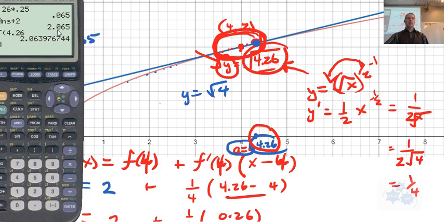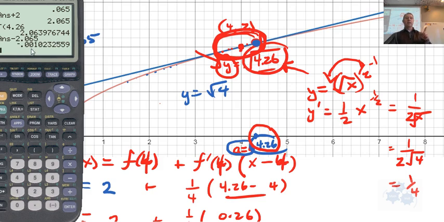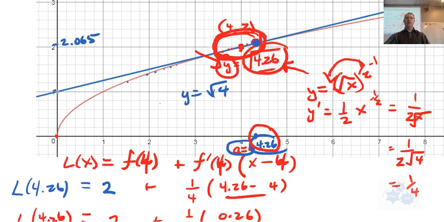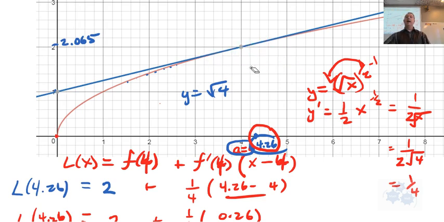Now, the difference between these two numbers, right, minus 2.065, this difference right here would be what? What does this difference represent on my graph here? Margin of error. Okay, a little more specific. Yes, I heard that.